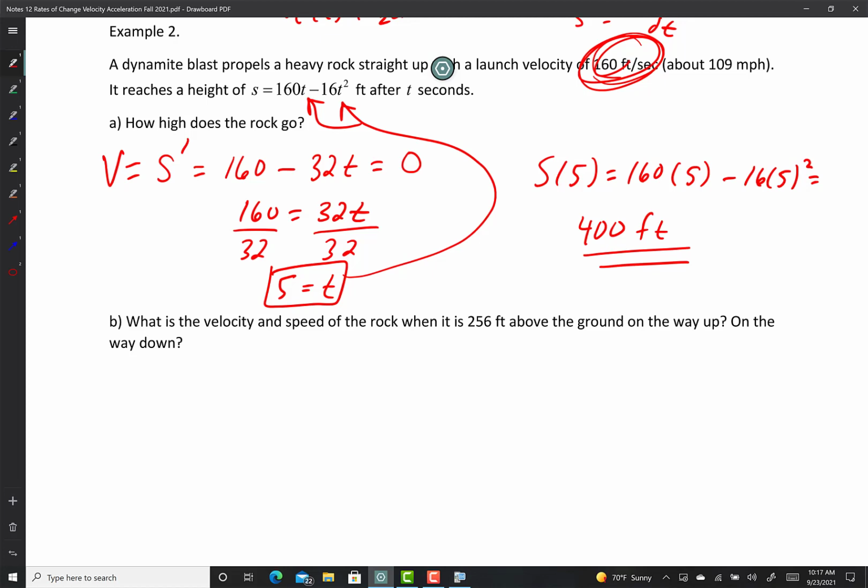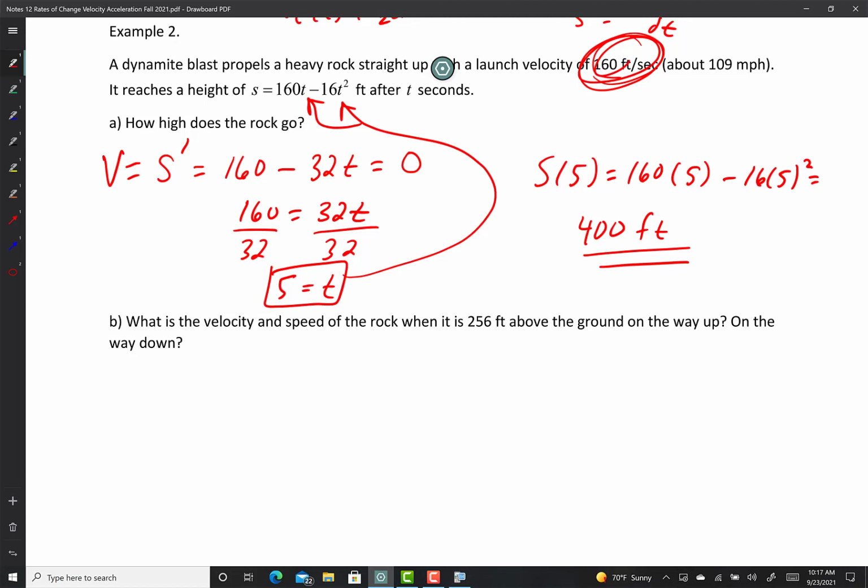What's up, miss? So to make sure, we just found the position, right? The position at 5. Because at 5, that's how long it took for this rock to reach its highest point. At the highest point, the velocity was 0. Wait, 5 what? Seconds. So anytime you're finding the position, you just find the derivative?